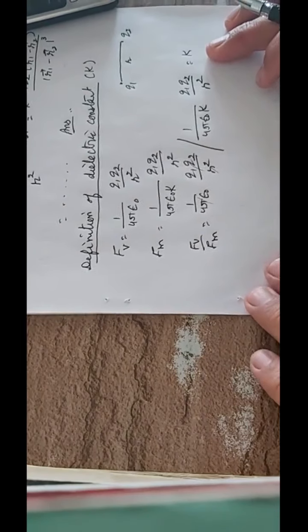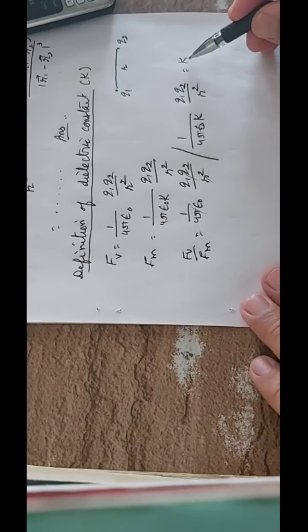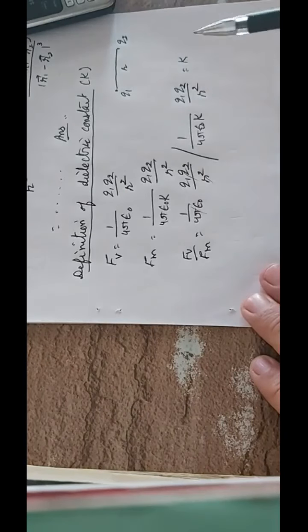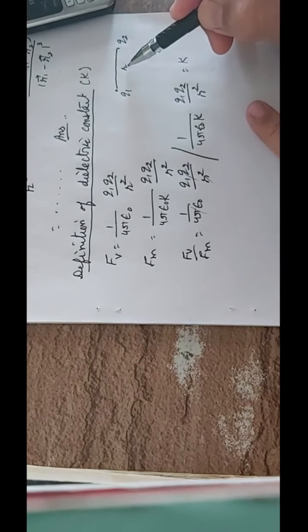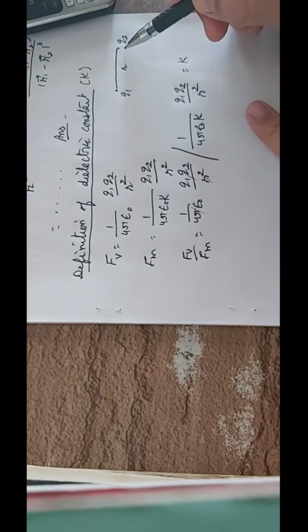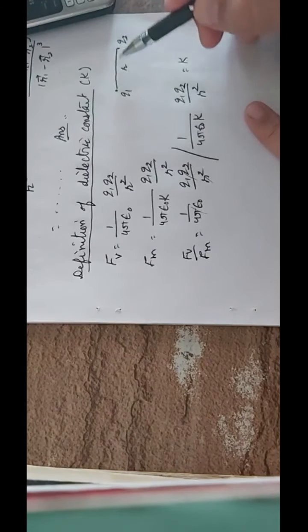So how can you define the dielectric constant? Dielectric constant of a medium is defined as the ratio of force between two charges placed in vacuum separated by distance r to the force between these same charges separated by the same distance when placed in that medium.